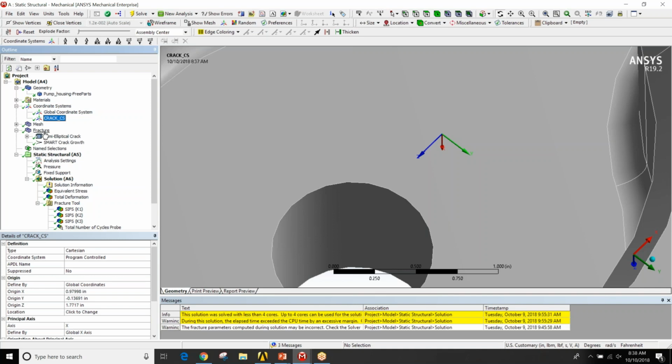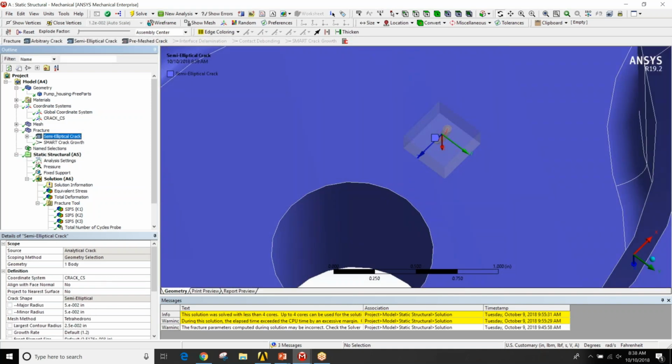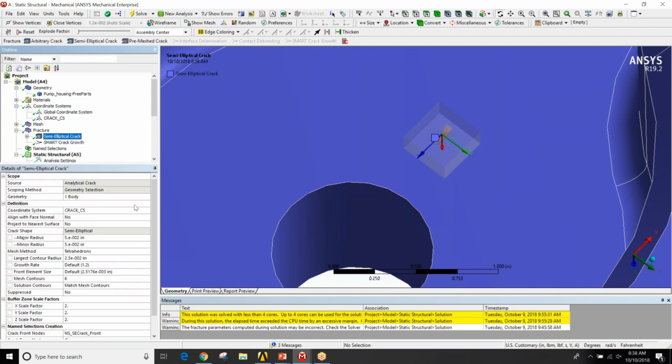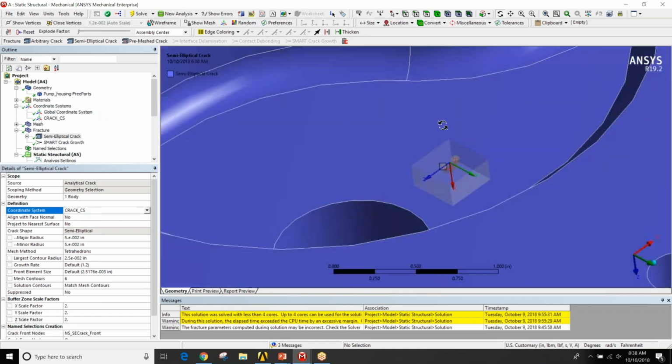Then when you insert a crack, these are the parameters that you specify in the lower left-hand corner. The first thing is you specify the crack coordinate system. So you have to let ANSYS know where you're going to place that crack, and that's determined by this coordinate system here.